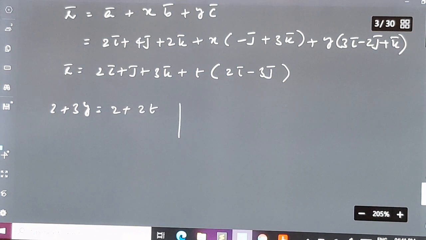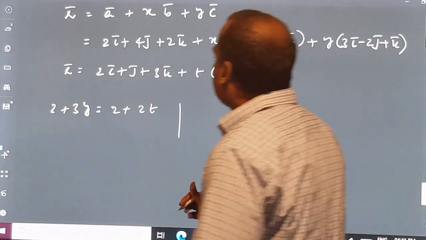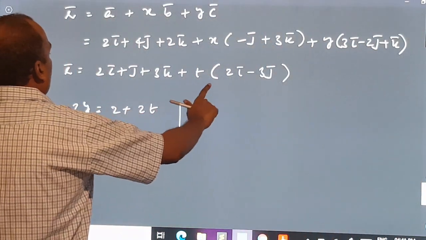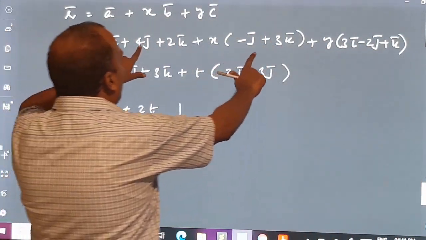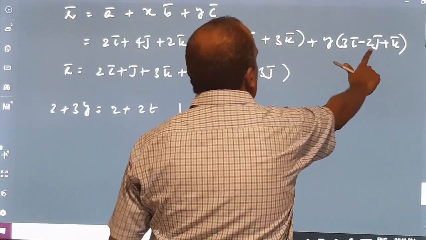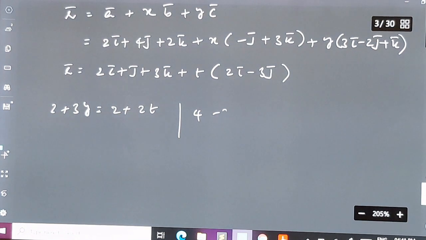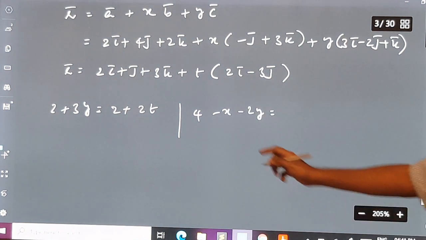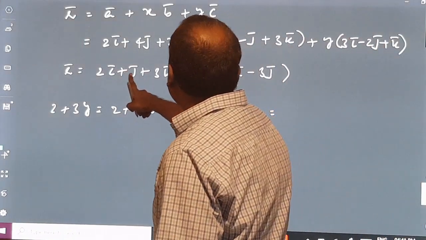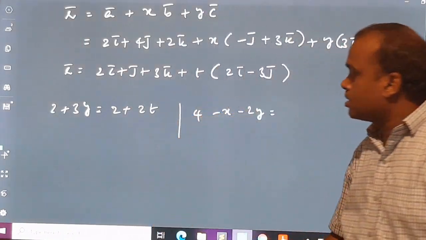And then for j bar, it is 4 minus x minus 2y is equal to, for j bar over here, 1 minus 3t.